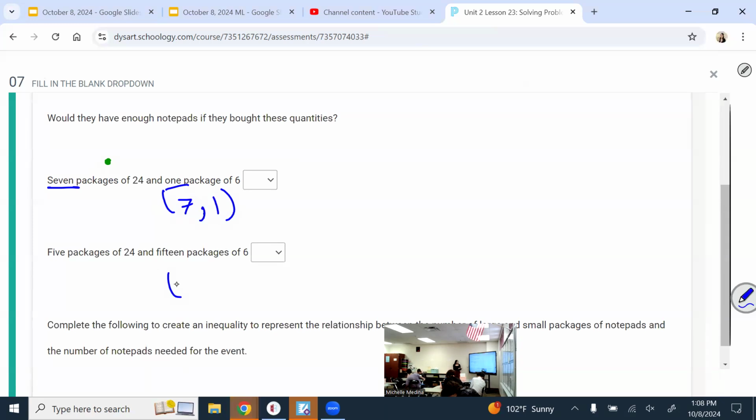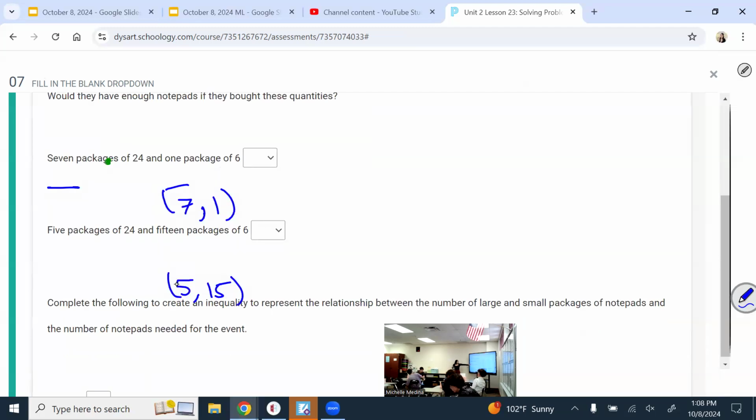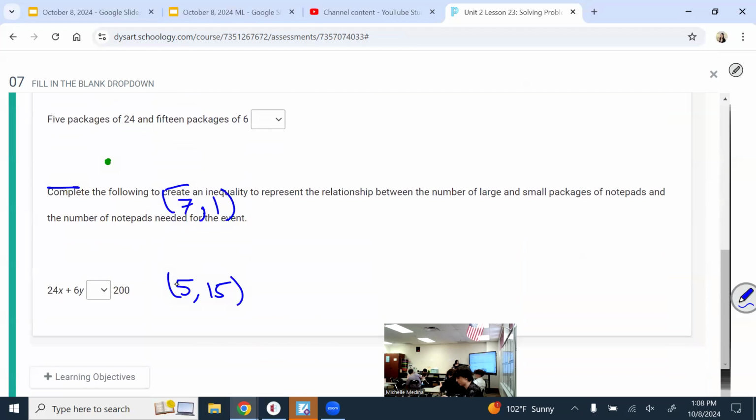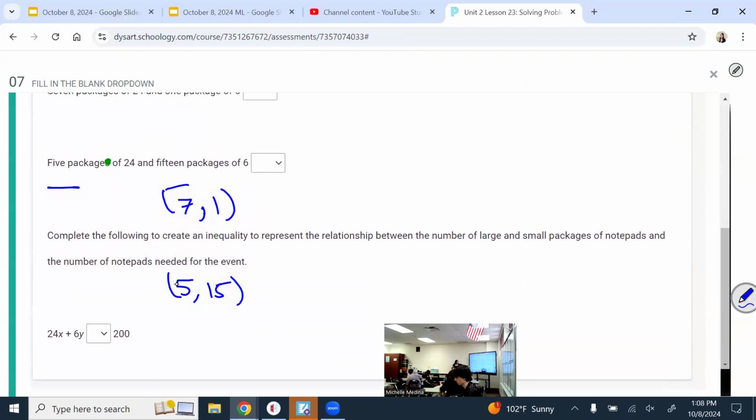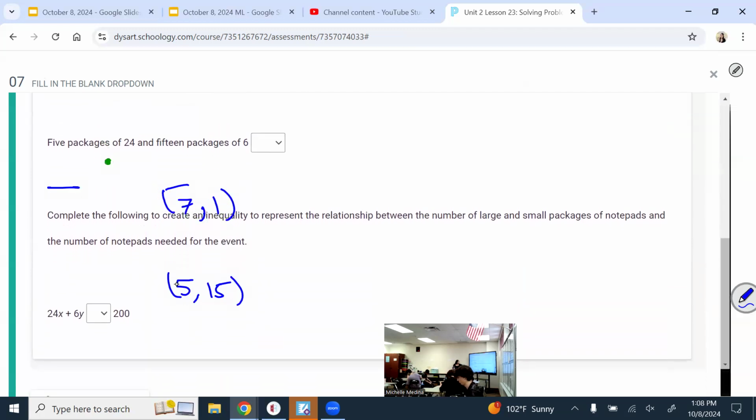And then you're checking for 5 packages of the large one, 15 of the small. And then complete the following. Oh, and then what symbol you could use? If they need at least 200, you should use that. So you guys will just have to graph this yourselves and check.